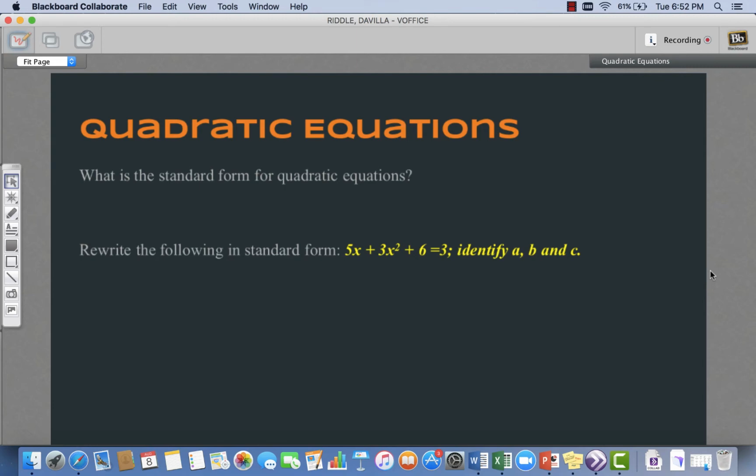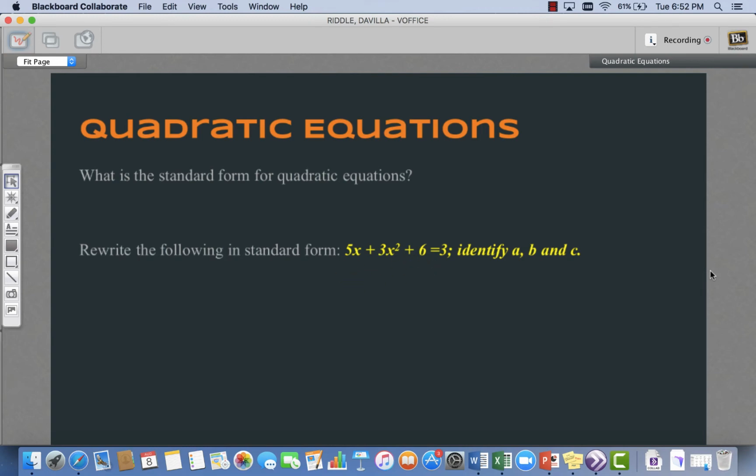So with that, we'll move on from roots and go on to quadratic equations. And quadratic equations, we touched upon this quite a bit back with trinomial functions. So when we're talking about the standard form for quadratic equations, we're referring to an equation like this.